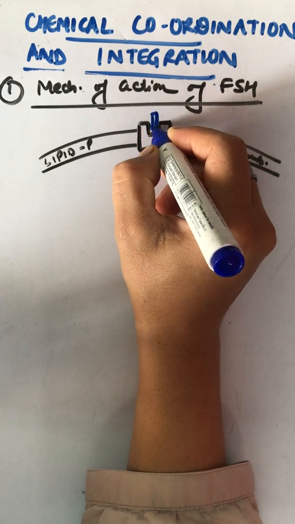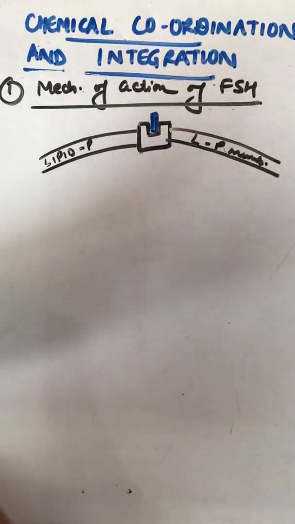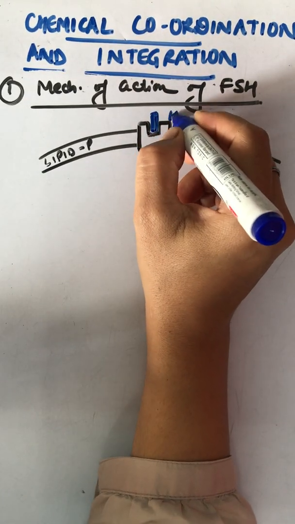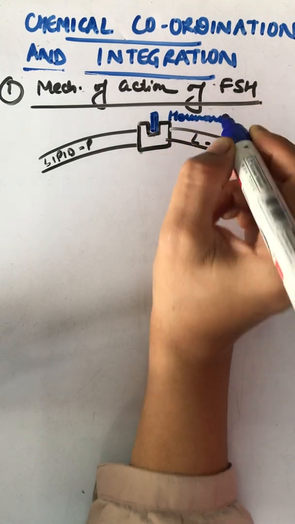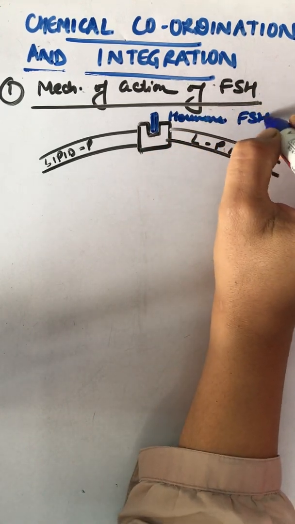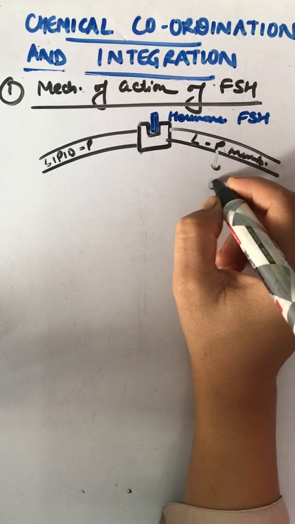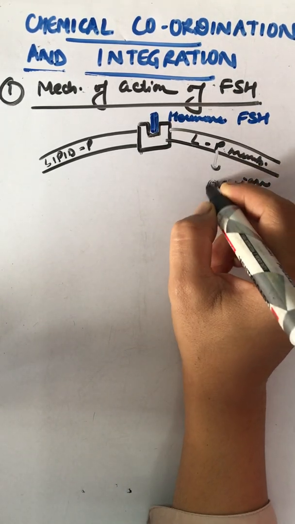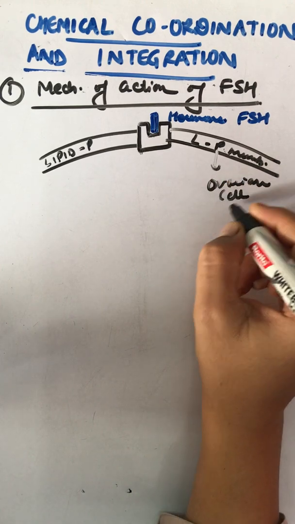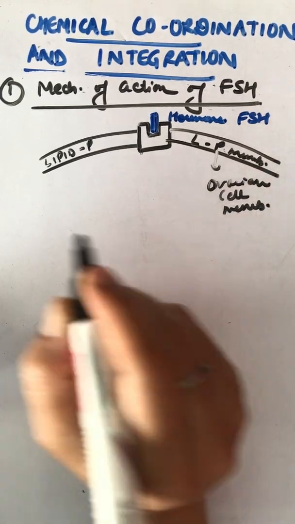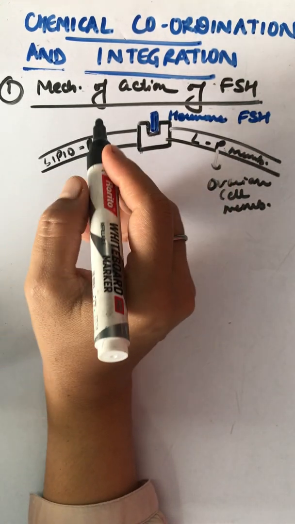Here comes the hormone H. Okay, I'm writing this, hormone FSH. Let's take, because it is FSH, let's write it, it is the ovarian cell membrane, to make it more clear. And this one is the receptor.